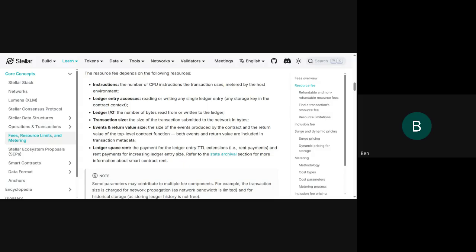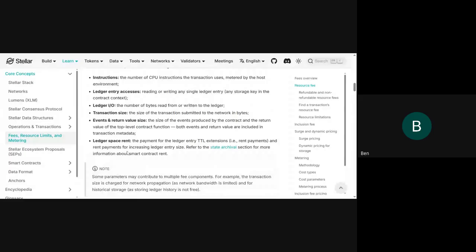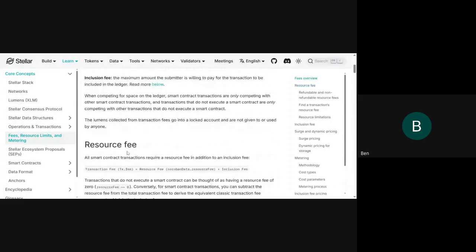Let's say you're paying monthly. So to view that is an event. So the size of the event produced by a contract, and also the return. When you get into coding, if you have experience with writing code, you know that there are functions that return a value, for example. So that also has a cost. And it also includes the ledger space rent, what we talked about. So the payment of the ledger entry, all that is also included in the resource fee.